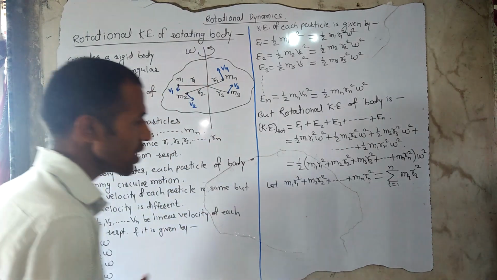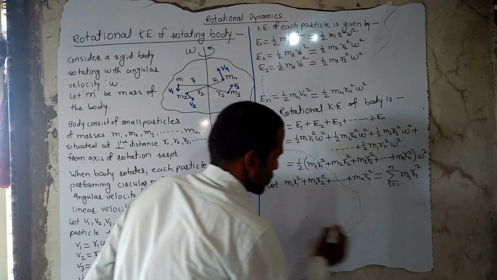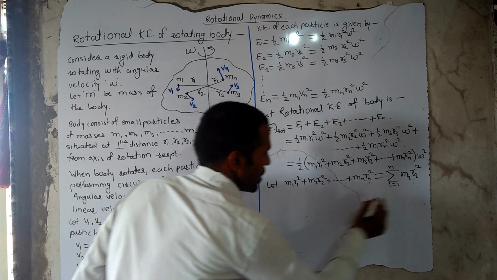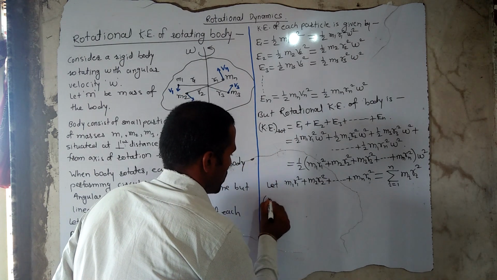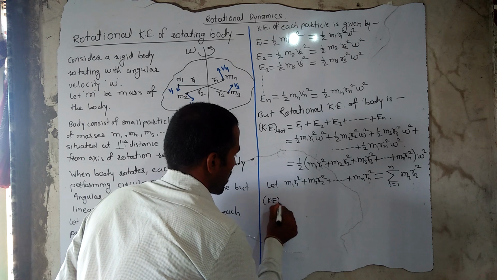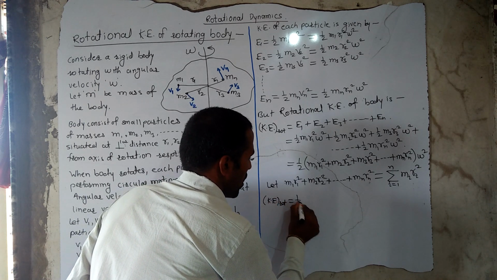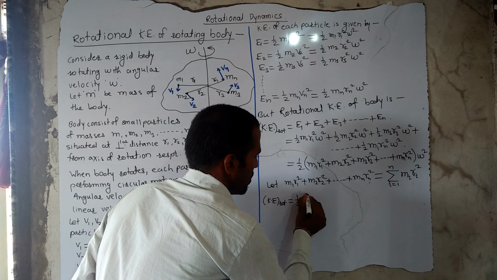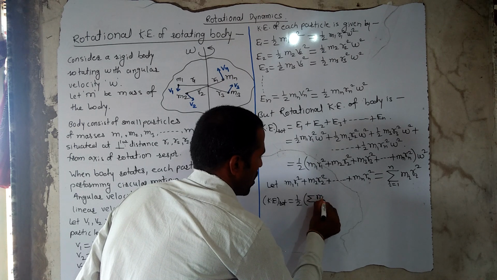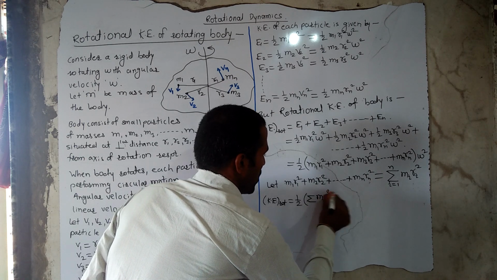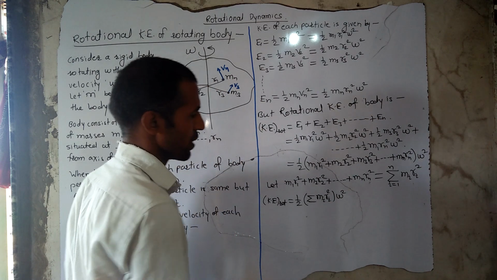Let's assign this summation. Kinetic energy rotational is equal to half summation of mi ri square into omega square.